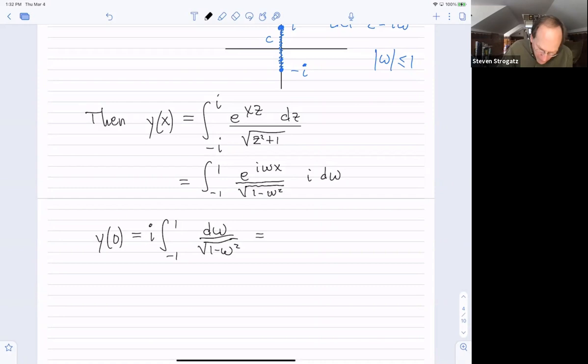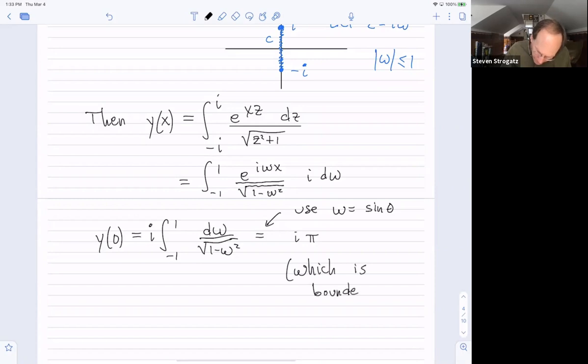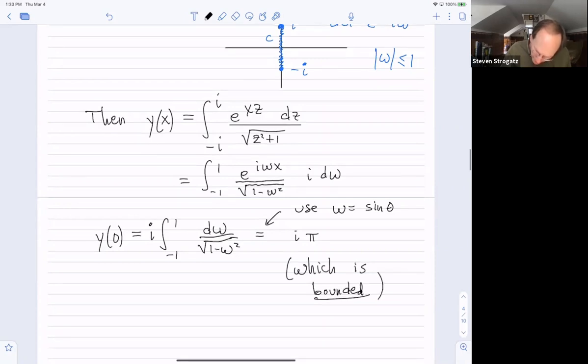So this comes out to be, a little substitution there if you can't remember it. But anyway, you end up getting i times pi. And notice that that's bounded. It's not going to infinity.